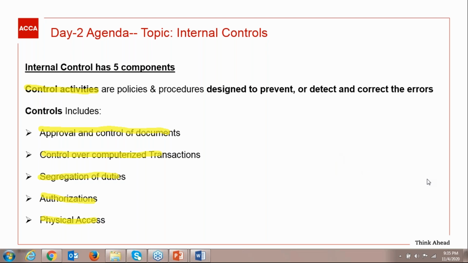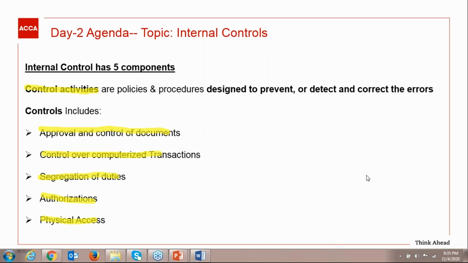Do you hear my voice? Yes, I'm getting replies. Prevent frauds, financial related control, test of controls, to maintain good control system. Yes, you are right. By an appropriate personnel. Yes, this is the right answer from Awais Akbar.